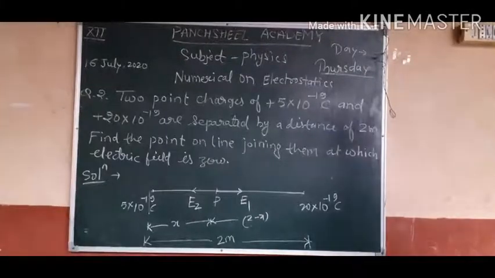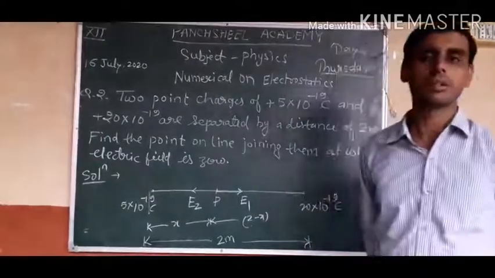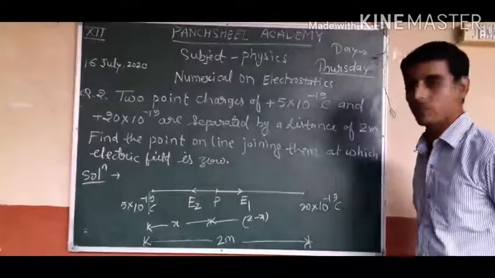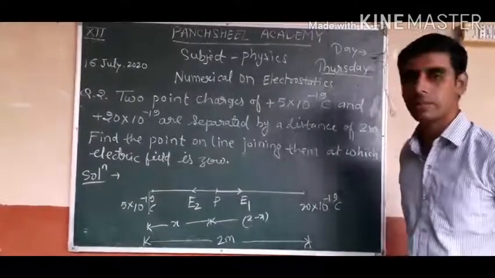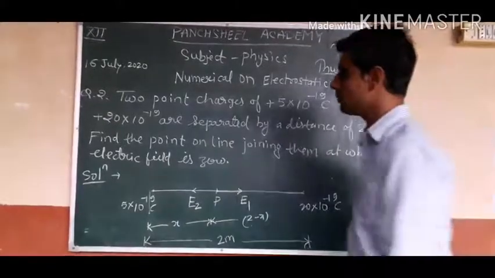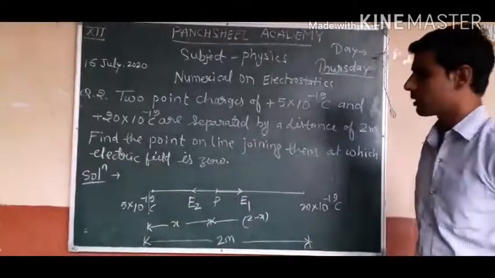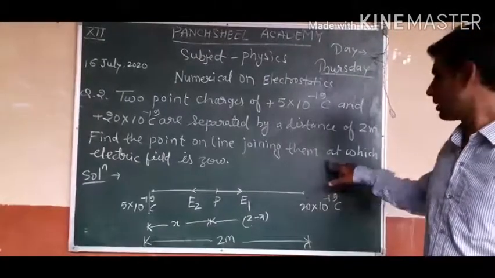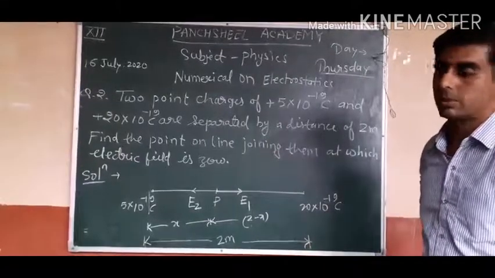One more question, which is based on electric field intensity. Two point charges of plus 5 into 10 to the power minus 19 coulomb and plus 20 into 10 to the power minus 19 coulomb are separated by a distance of 2 meters. Find the point on the line joining them at which the electric field is 0.